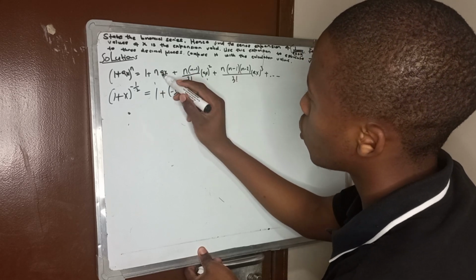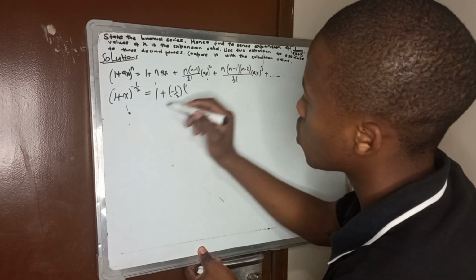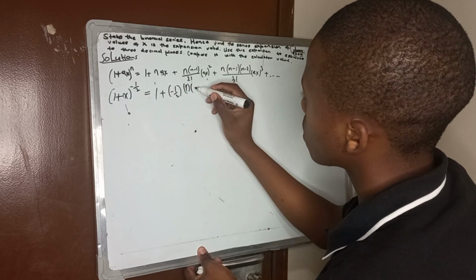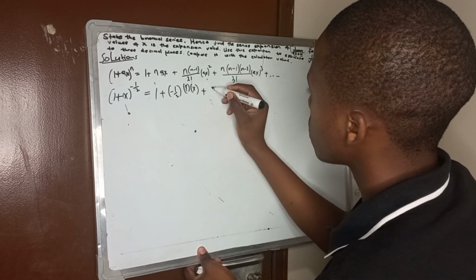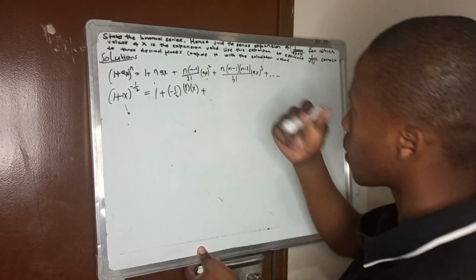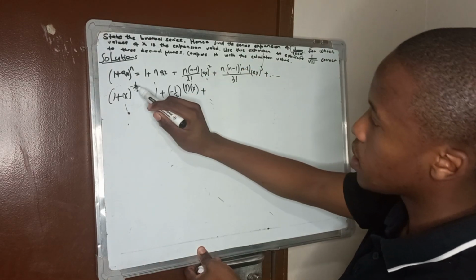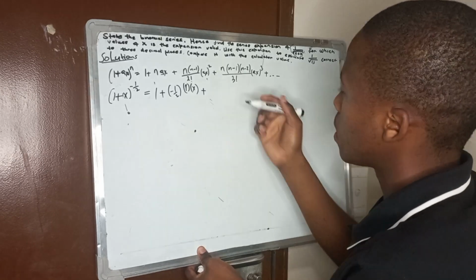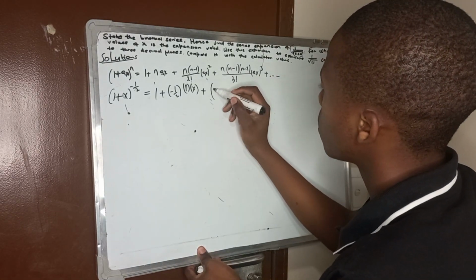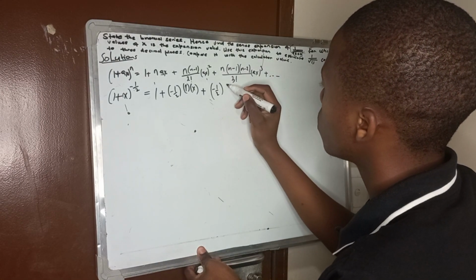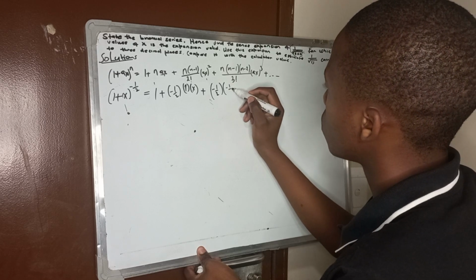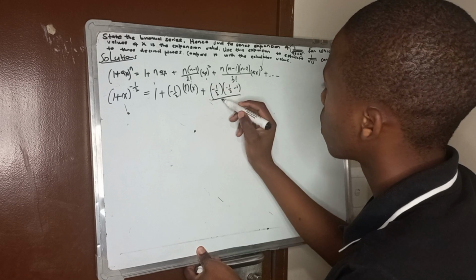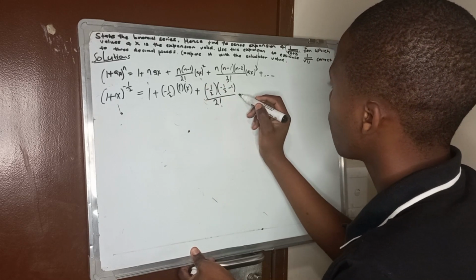In the place of a I have this one, so I have times 1 times x, plus, then again n, which is -1/2, times -1/2 minus 1, all divided by 2 factorial.